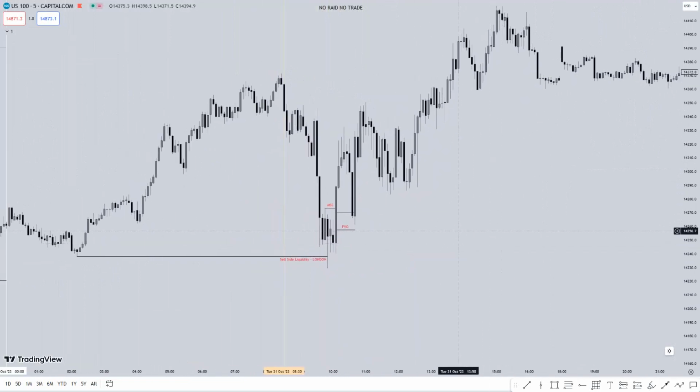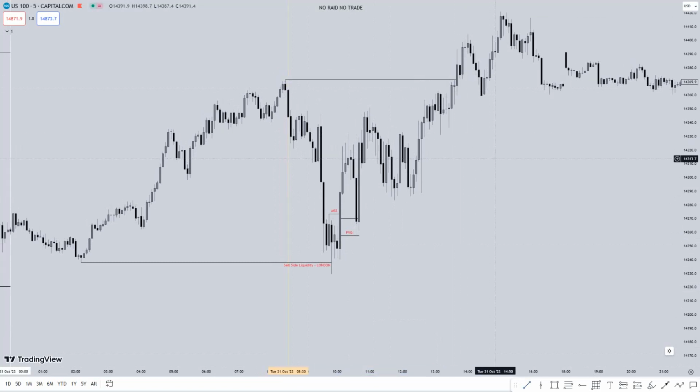In this instance, we're just gonna use the high that happened in New York. This is the AM session high, so we can use that high as your target. Or if you don't have trust issues in terms of holding your trades, you can use the previous day's high.